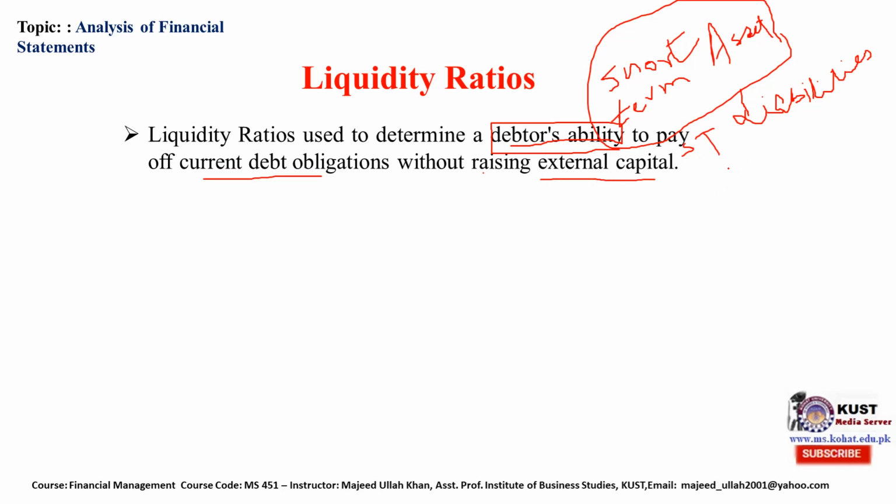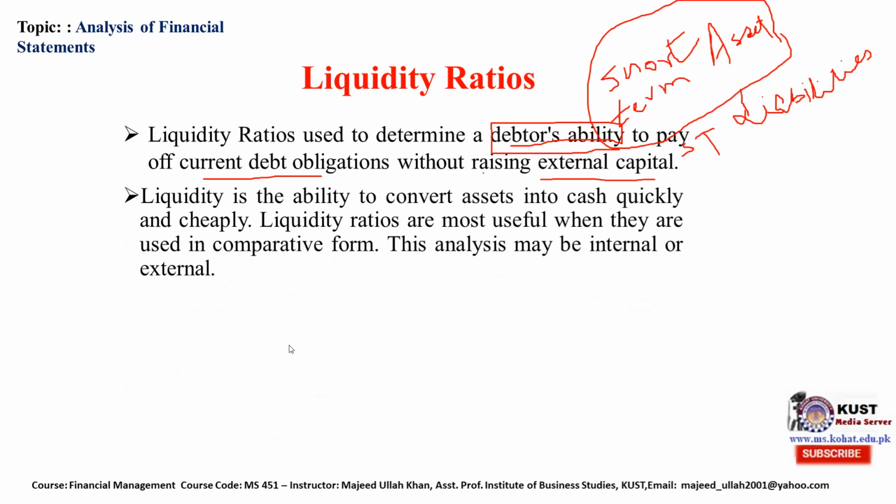It means that we have sufficient short-term assets, meaning cash and account receivables, and the company is able to generate enough resources from its short-term assets to pay its short-term current obligations, meaning without getting an external loan.